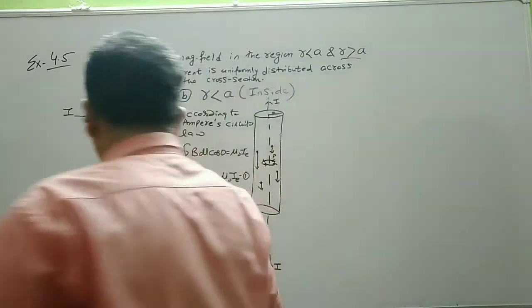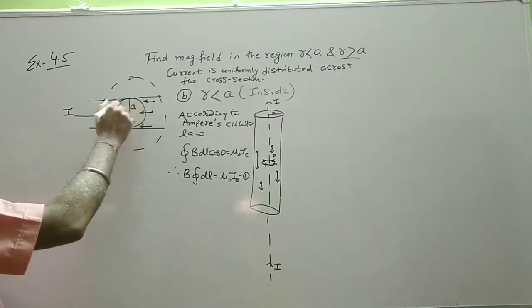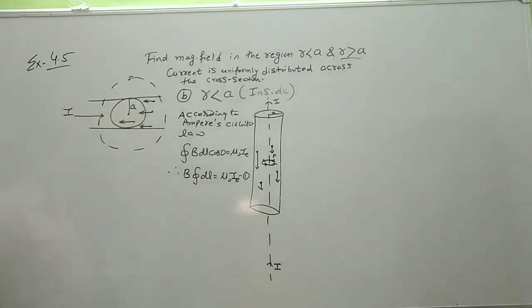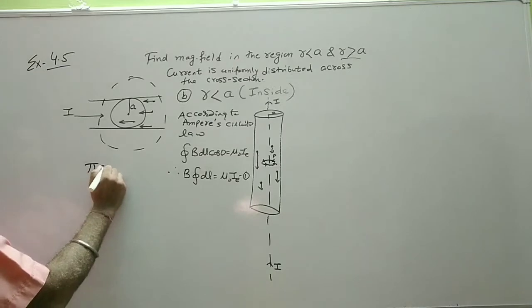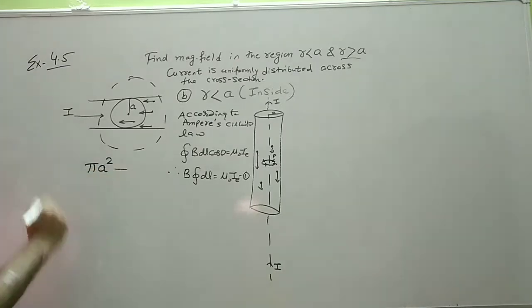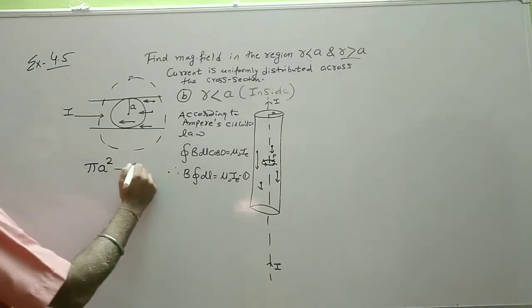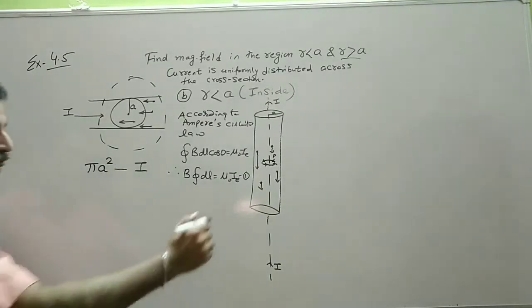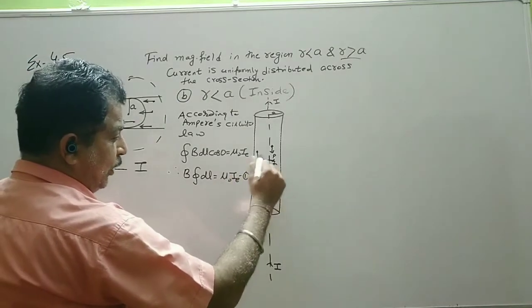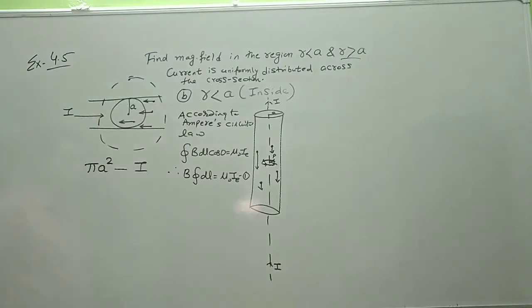So how to find out? One method is, if I consider the entire cross section, my cross sectional area is pi a square, that is the area of the wire, then the current flowing is I. Now if I take the area of the Amperian loop, the radius of the Amperian loop is r, small r.